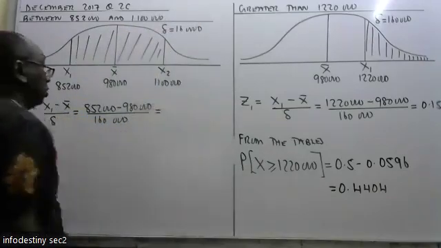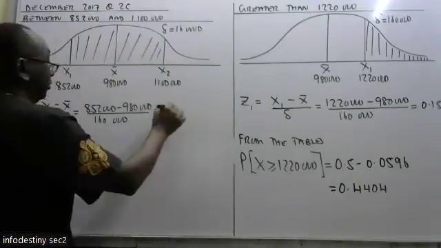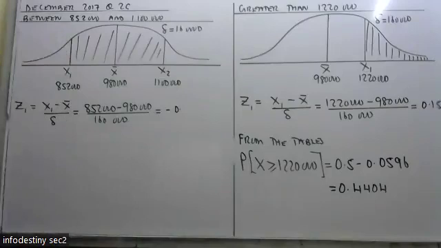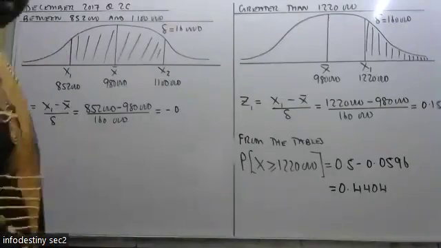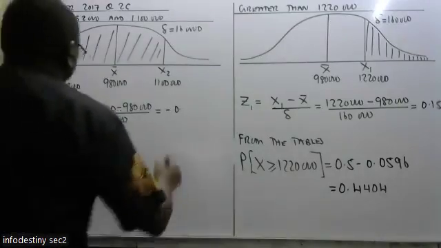So tell me, this one is what? Negative 0.8. It's supposed to be 852 minus 980, you divide by 160.